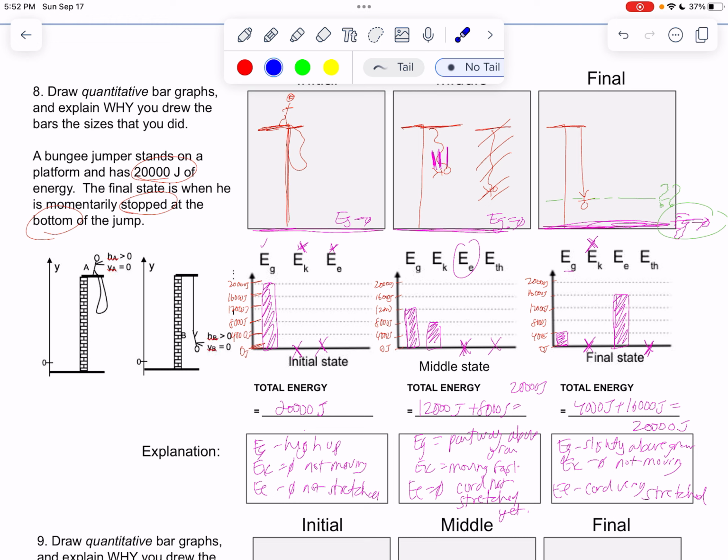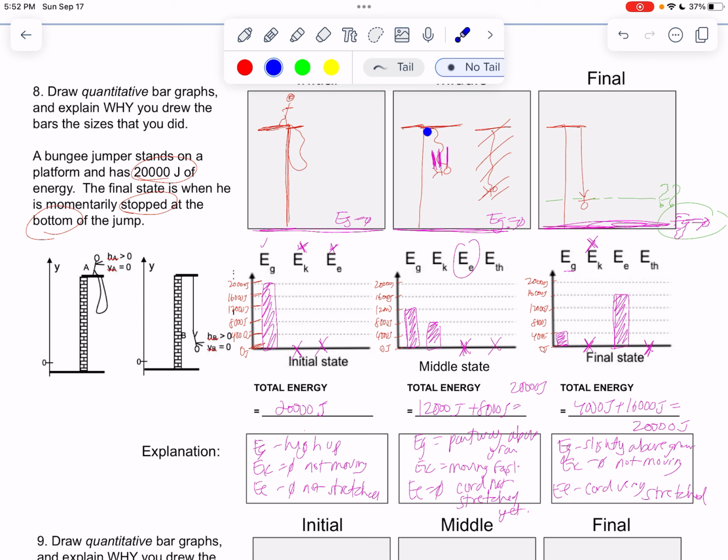Okay, check my EK bars. Not moving, no whooshies. Moving pretty fast with whooshies, some amount of kinetic energy. And not moving here because he's at that very bottom state, so no kinetic energy. Good. My EEs: I say there's no EE here. The cord looks pretty slack.